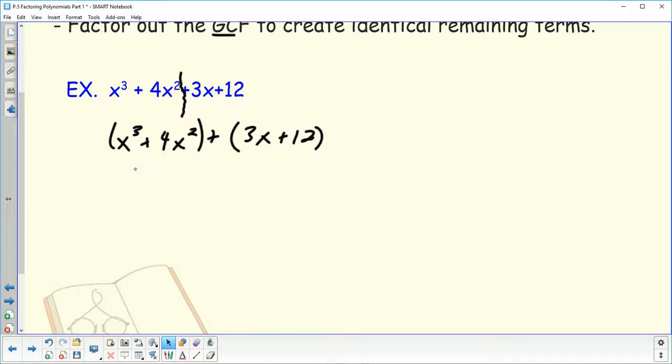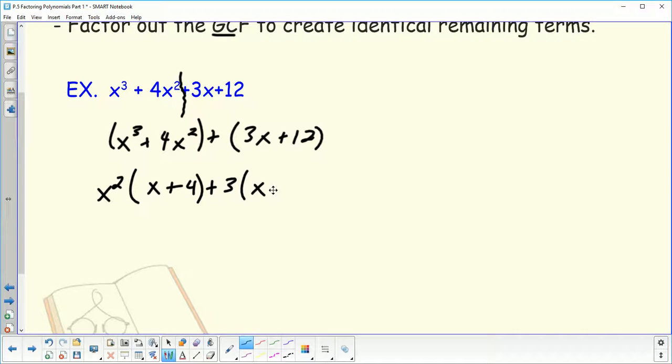So here, the greatest common factor they have is an x squared, which leaves me with an x plus 4 left, plus, in that second one, they don't both have x's, so I can't pull out an x, but they are both divisible by 3. So 3x divided by 3 leaves me with x, plus 12 divided by 3 leaves me with 4. And same idea, whatever we have inside our parentheses has to be the same.